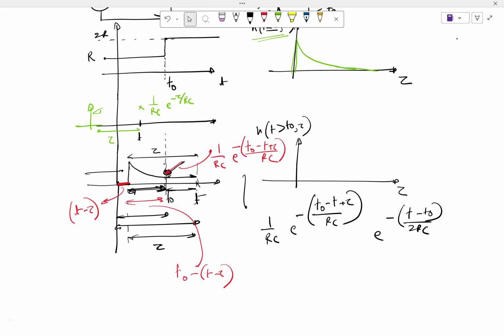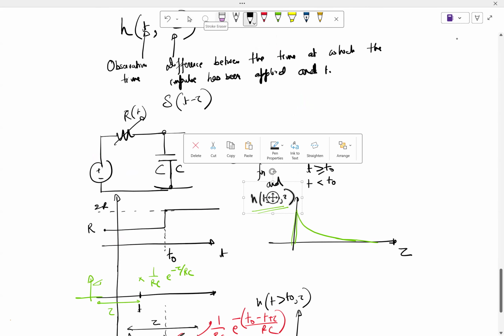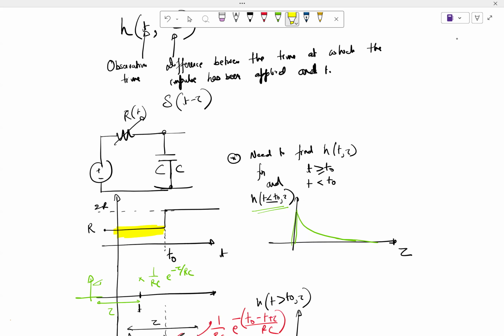So in one case I am observing in this region, and in another case in this region. Let's say I am observing 1 second before my observation time, so my observation instant can be here, or it can be here. But 1 second is 1 second, and that is the tau.